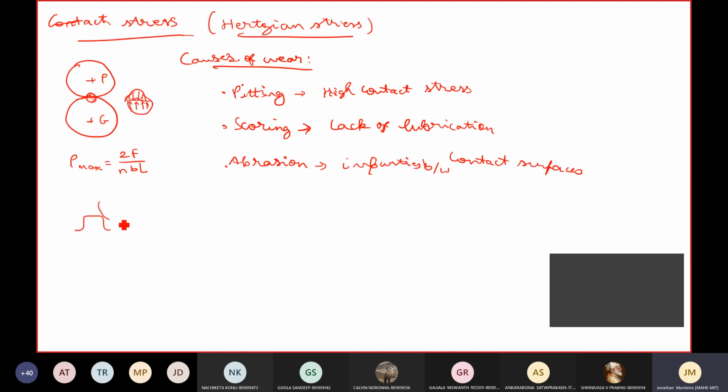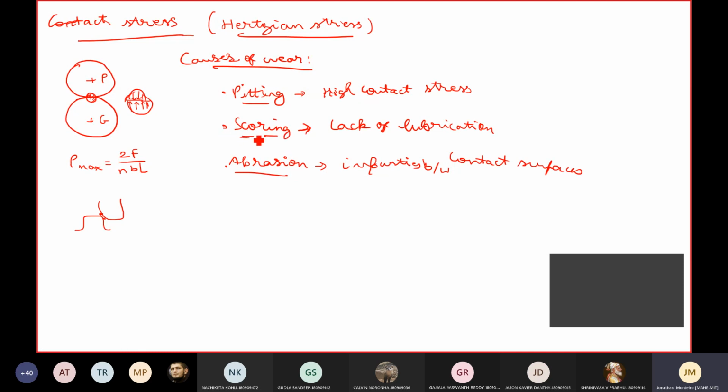You have one gear tooth, the other one is meshing, and that particle may interfere. This is especially true of gears which are open. If it is running openly, then the impurities will come and abrade the teeth. So these are the three things: pitting, scoring, and abrasion.